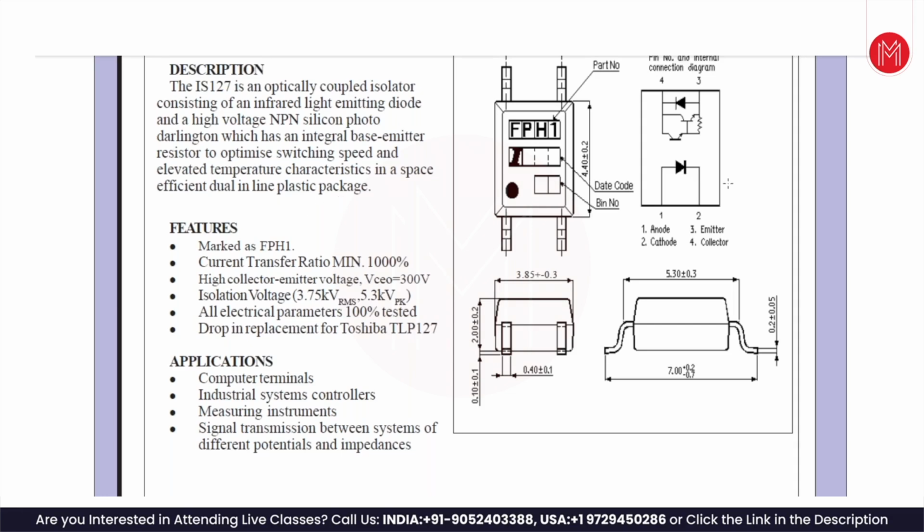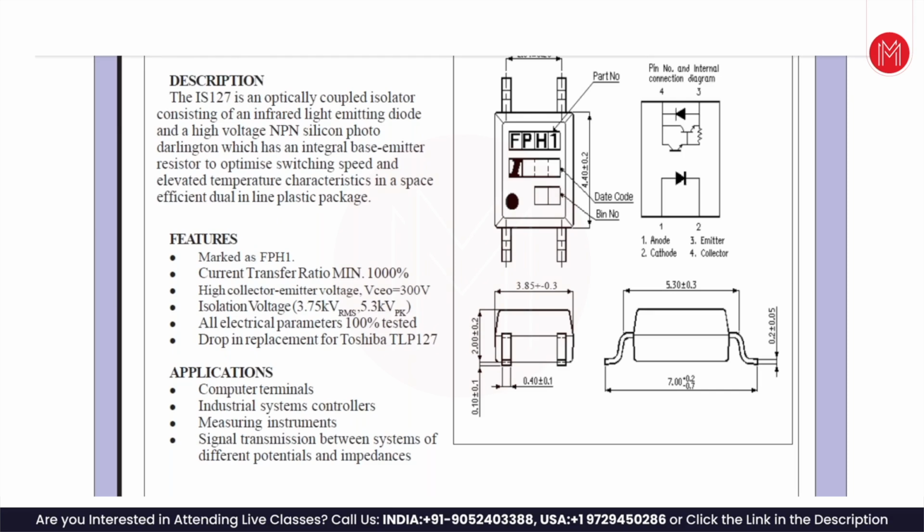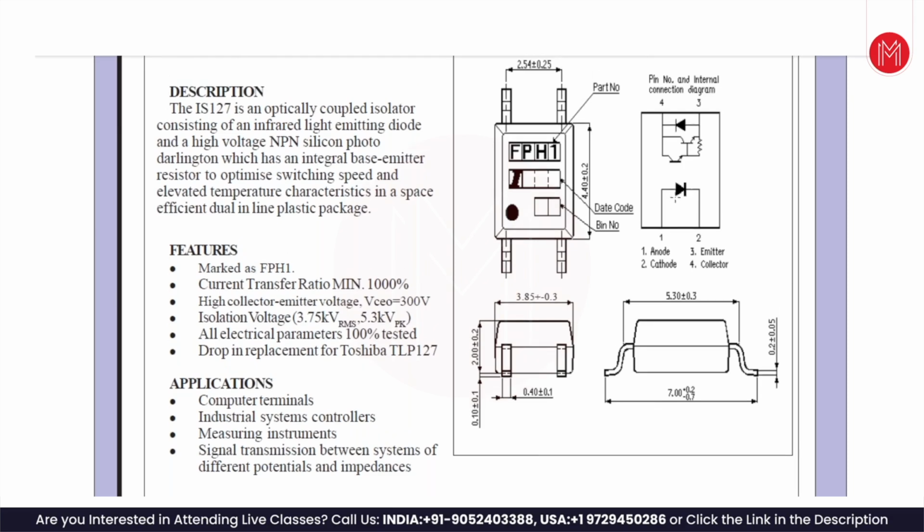Okay, so on one side basically is an LED. As the current flows through it, it generates light, and that light falls on this photo transistor. This is an LED, not a photodiode, and this is a transistor.